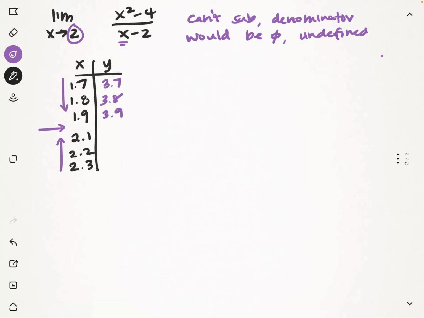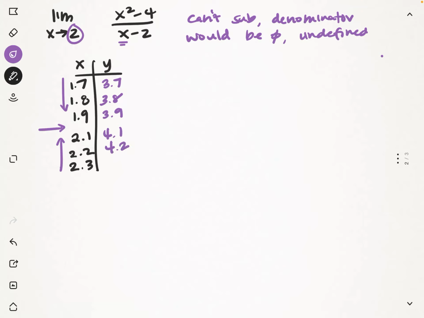Okay, on the other side, 2.1 squared minus 4 divided by 2.1 minus 2. Then 2.2 squared minus 4 divided by 2.2 minus 2, which is 4.2.